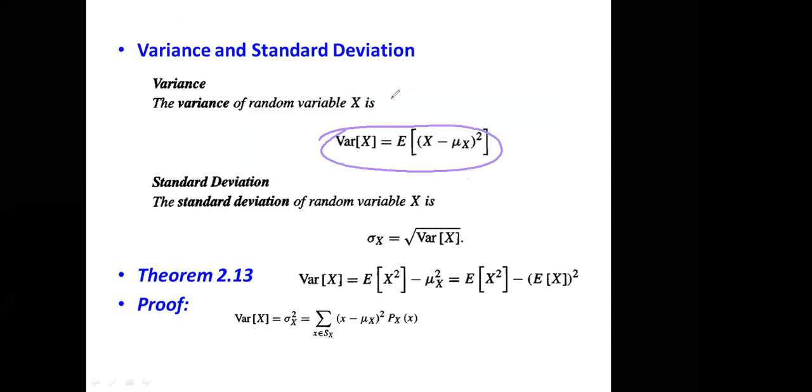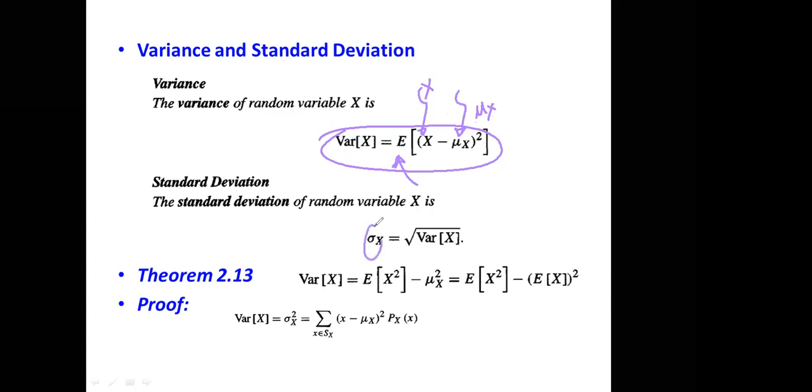That is the variation of the random variable from the mean. We have a mean value mu x and we have a random variable x. So x minus mu x is the variation of the random variable from the mean, and I'm taking the square value and then taking the average value. That is called the variance of x.